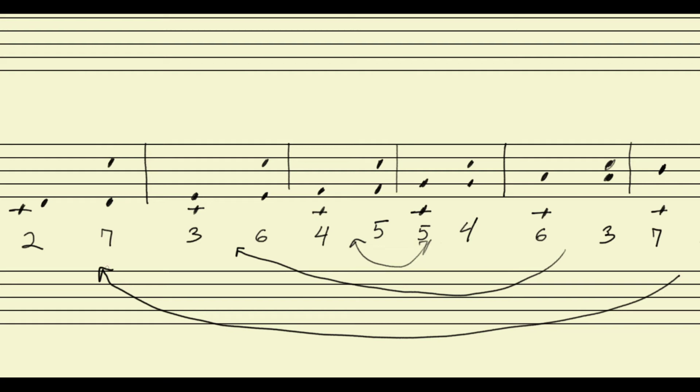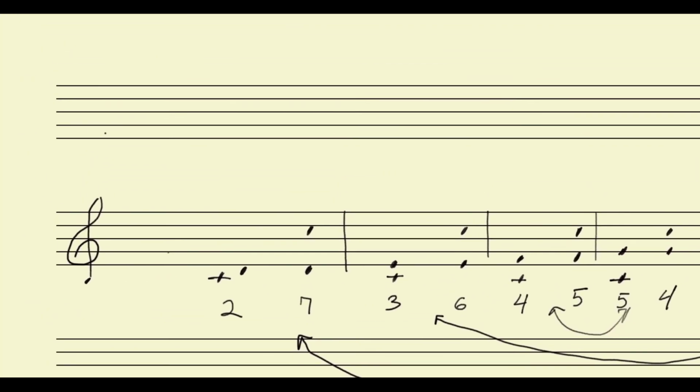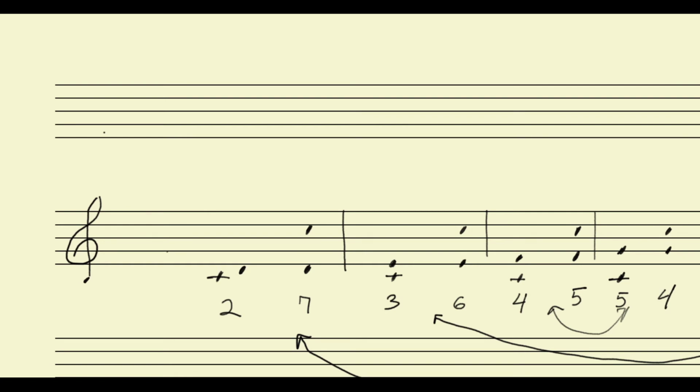Notice again the two intervals I didn't actually talk about were the unison and the octave, because those work in a way that's not always completely intuitive. So I just want to mention those for a moment. So let me write another treble clef up here.